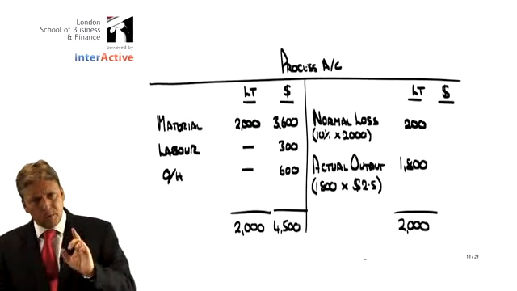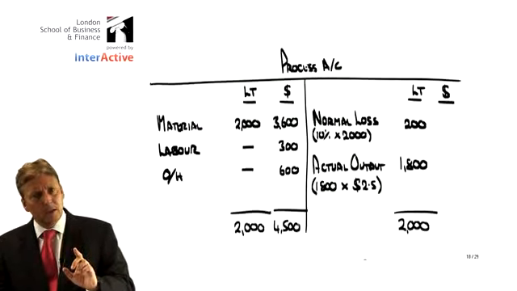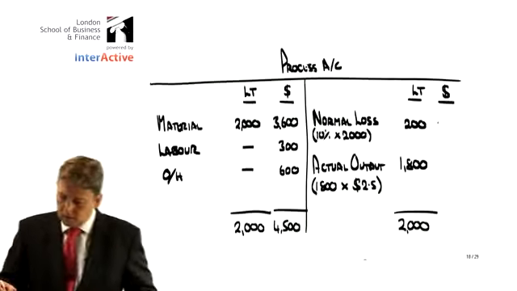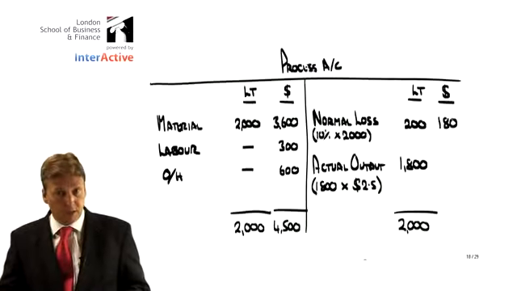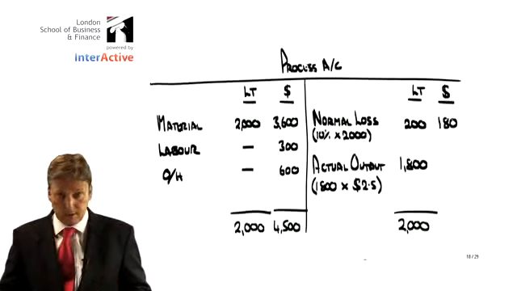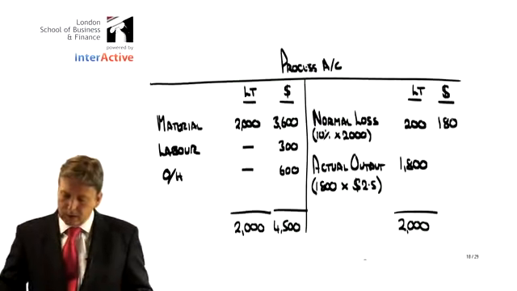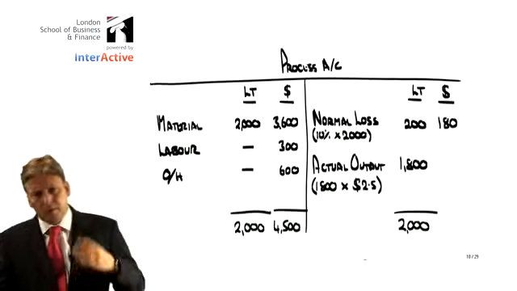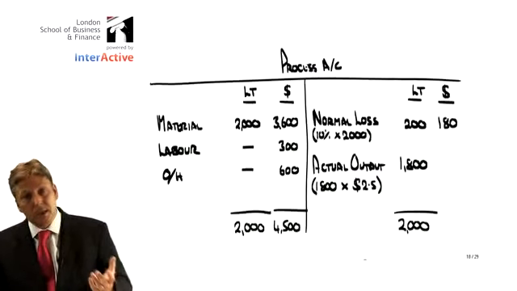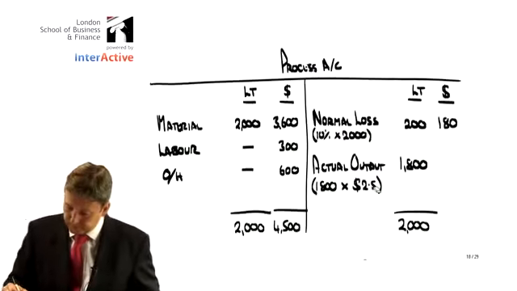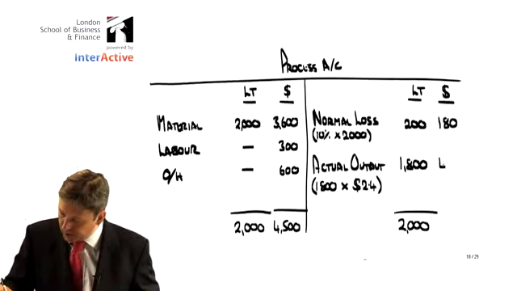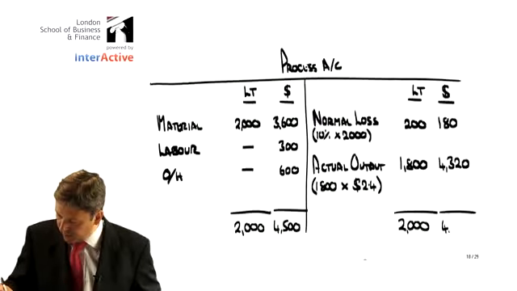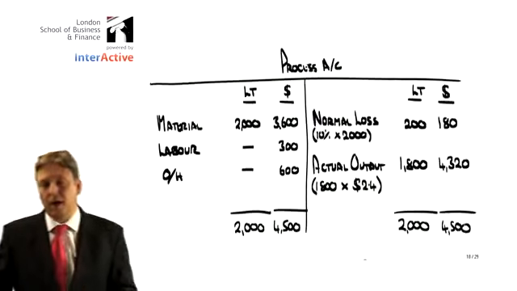Well, we said normal loss is now valued as scrap. 180. 90 multiplied by 200 if you wish. 90 cents, that is. Actual output. Well, before it was 1,800 litres at $2.5. Of course, now it's at $2.4, and that gives us 4,320. Abracadabra, it balances.